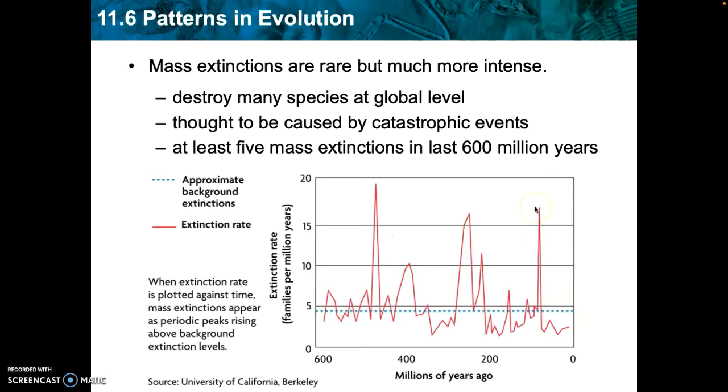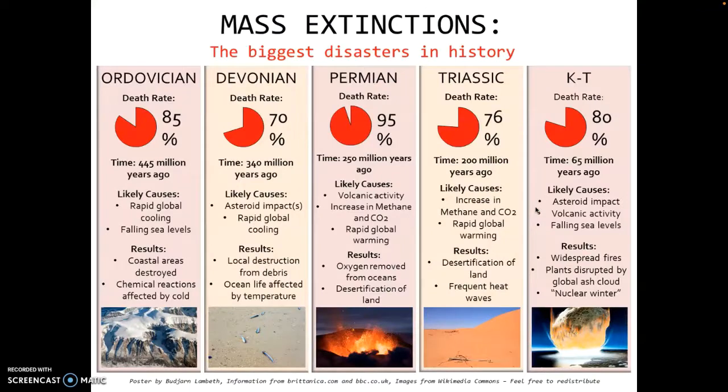Don't worry about memorizing what they are and when they happened. But what you should notice if we compare them here is that these are the 5 mass extinctions. It shows you what percent of the species went extinct for each one. The thing that I want you to see is to look at the causes. We're talking about cooling, warming, so shift in climate is one.